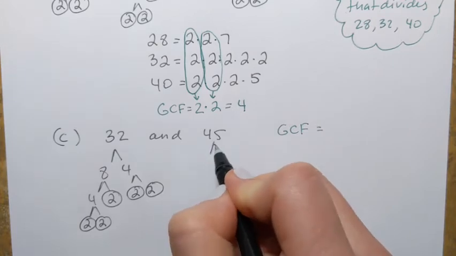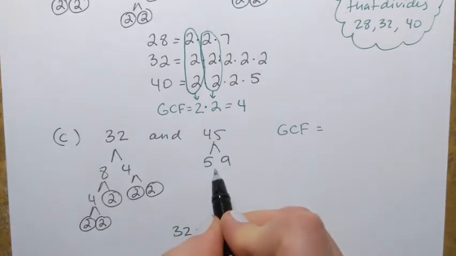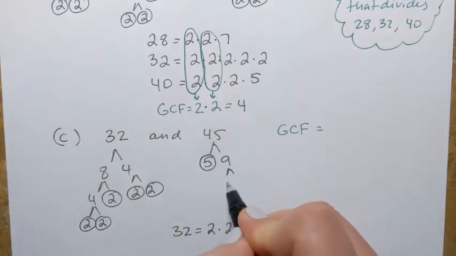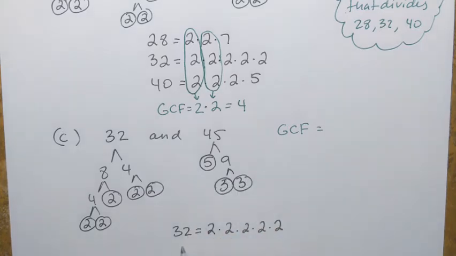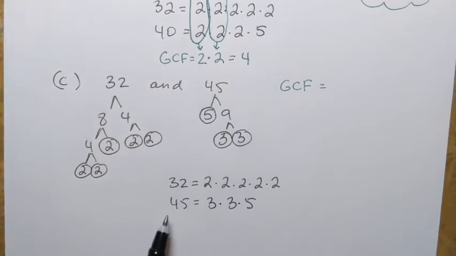How about 45? 45 is 5 times 9. Now 5 is prime, I cannot split it up any further, but 9 I can. So it's 3 times 3. Those are primes. So 45 is 3 times 3 times 5. Okay, so right here, this is prime factorization of 32 and 45.